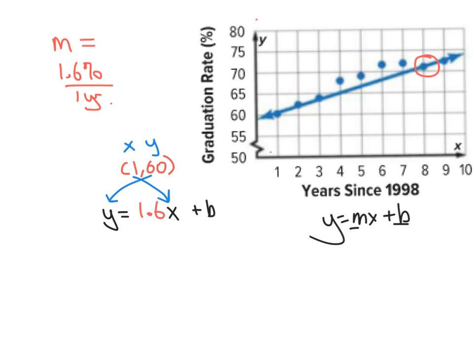So when I rewrite the problem, I have 60 equals 1.6 times 1 plus B. Now I'm going to draw my line through my equal sign to solve for B since I'm used to that. I know that 1.6 times 1 is the same as a positive 1.6.